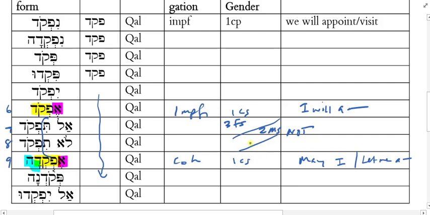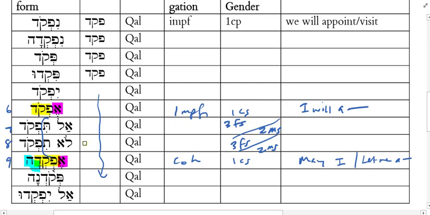And over here, it's the same. It could be 3FS or 2MS. So that means that the subject is either, if it's 3FS, she, and if it's 2MS, you. Okay, so we're going to have to consider both of those as possibilities for both translations.